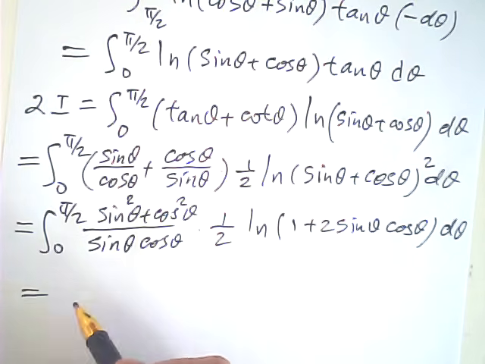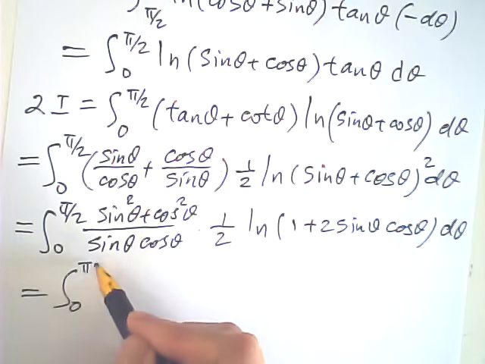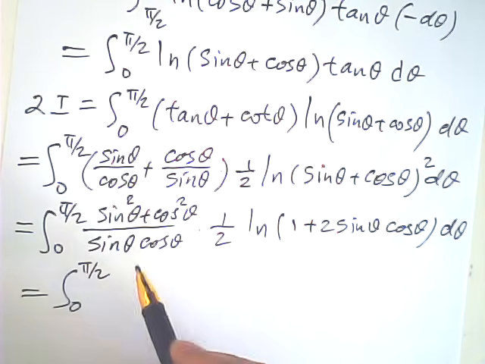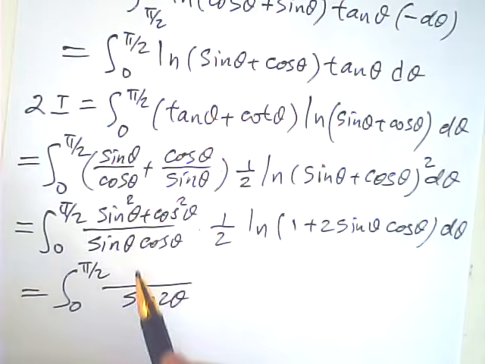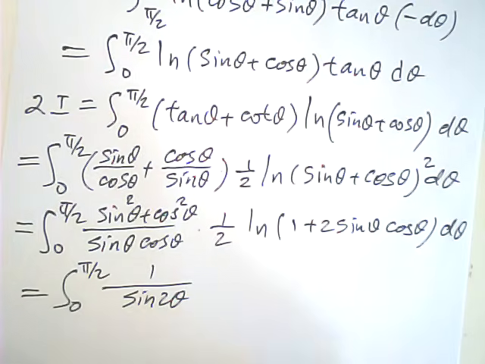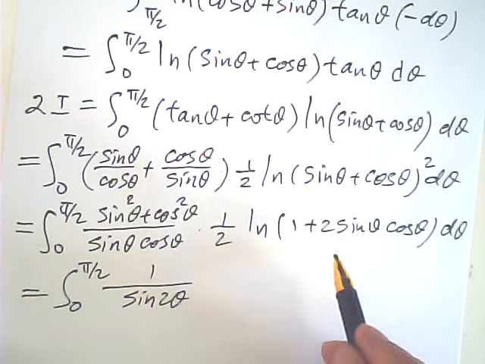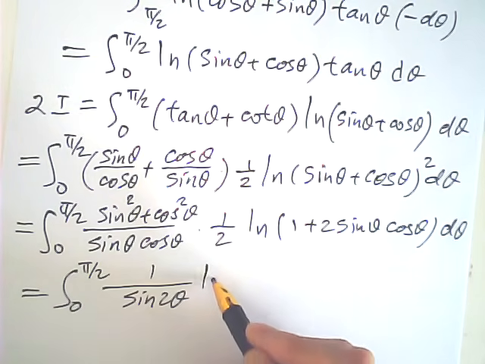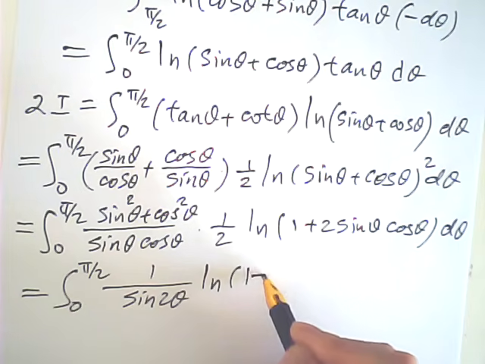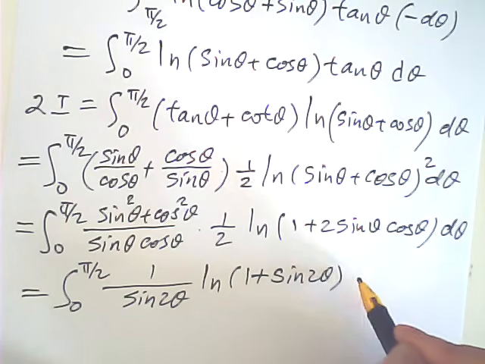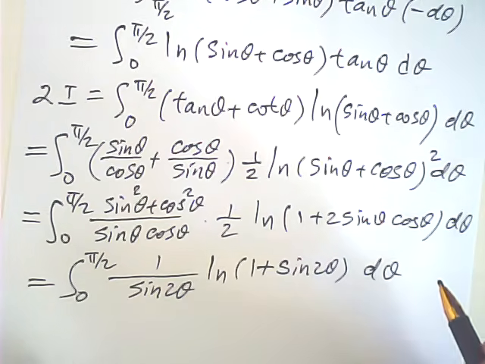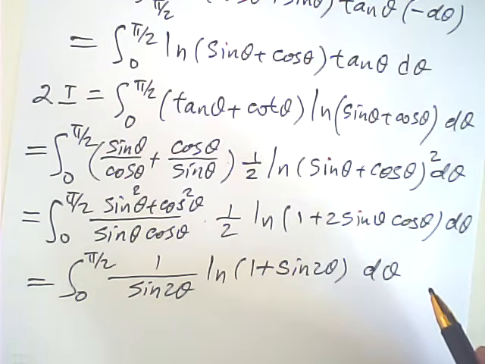All right, this one equals the integral. This is sine 2 theta times again. This is 1, and this is a log of 1 plus sine 2 theta. Right? Yeah, very good.